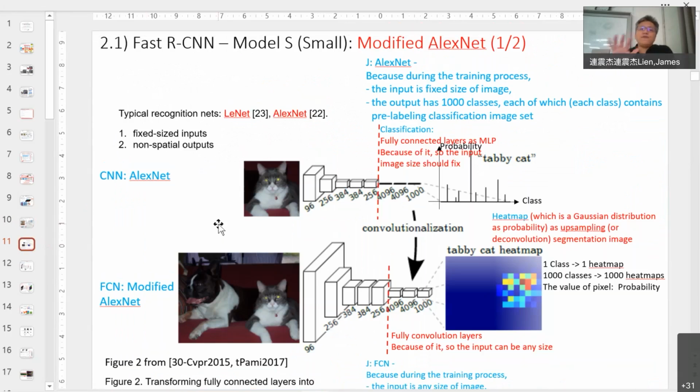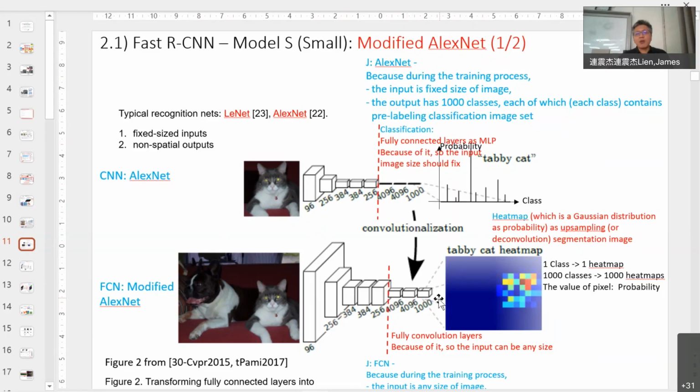For Fast R-CNN, they use AlexNet because at that time it was the standard. In the first AlexNet, the last layers are fully connected. Later on, they use fully convolutional, which we already talked about.